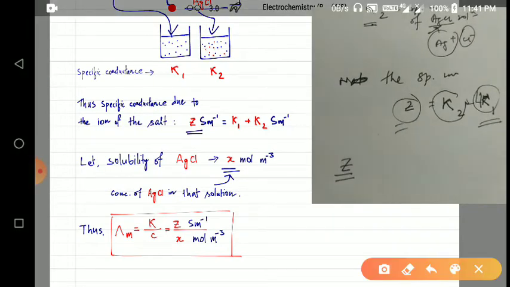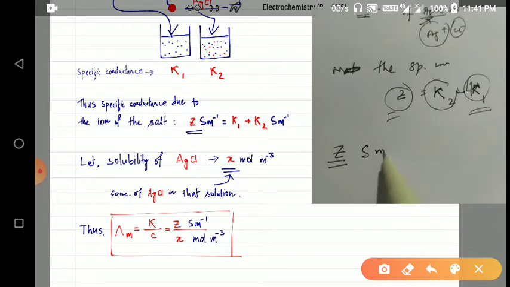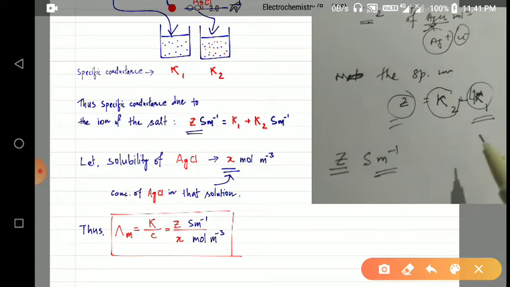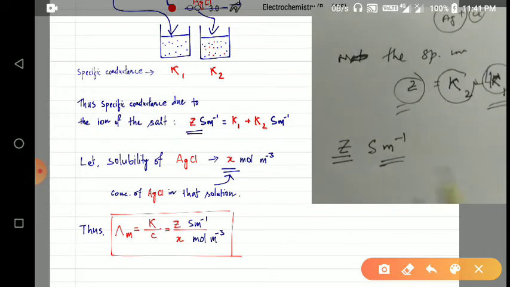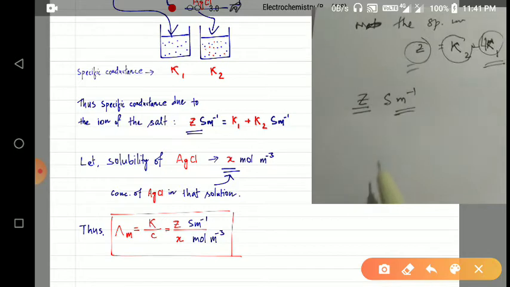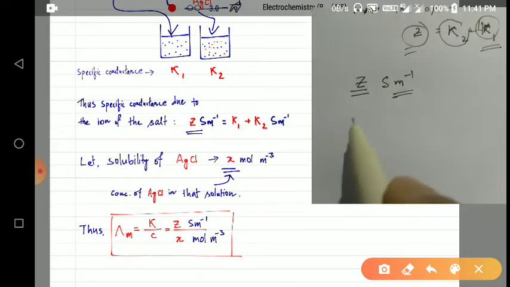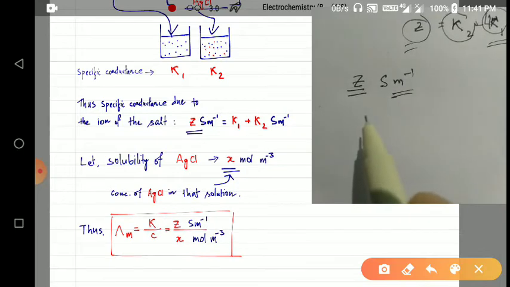So we have that value Z, and the unit will be Siemens per meter, because we already know the unit of specific conductance is Siemens per meter. Again, let us suppose the solubility. What is our aim? Our aim is to calculate the solubility.